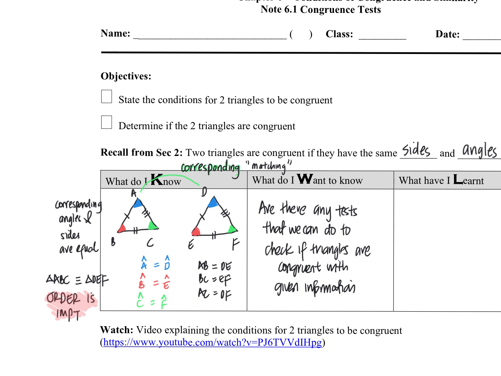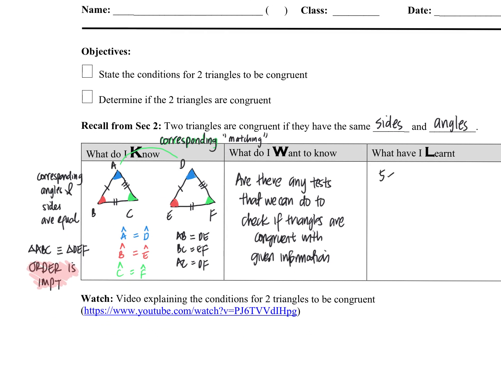Okay, there are in fact 5 tests that we will learn to prove that two triangles are equal. So what we are about to learn are the 5 tests. Later we will explore a bit further, the SSS test.